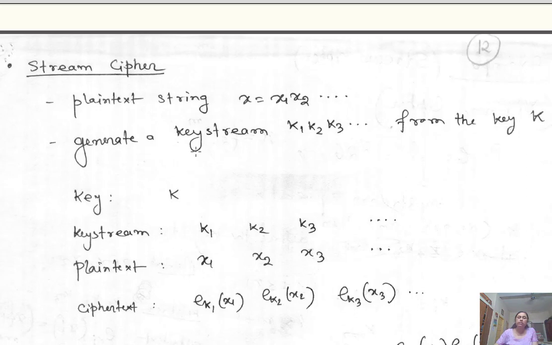Those things will be discussed, along with what triple DES is and how it works. Finally, AES, or Rijndael, was proposed as an alternative to DES, so those designs will be discussed. After that I will come to stream ciphers. AES and triple DES will be taught by Professor Saurabh Mukhopadhyay, who will be teaching you for the next few classes.